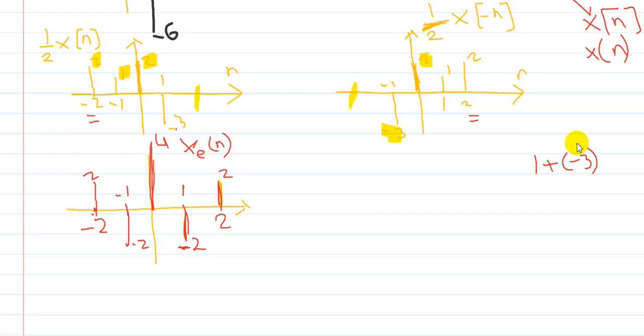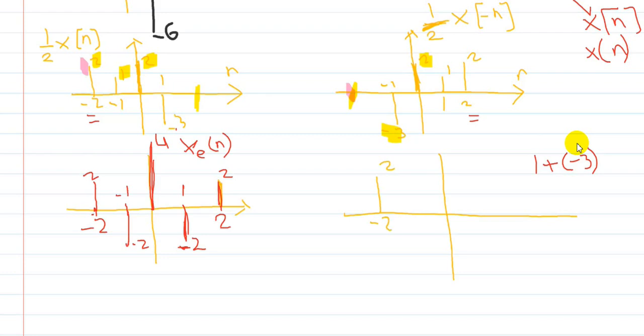Now let us calculate the odd part. In case of the odd part, it is the same thing, but instead of addition we will be performing subtraction. So at minus 2, this is 2 minus 0, which is 2, so I will get 2 at minus 2 here.